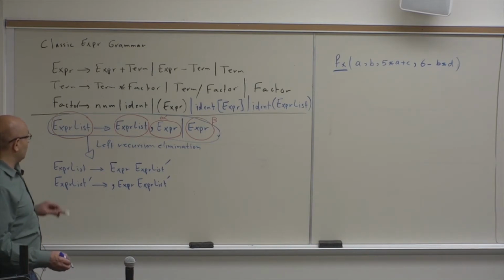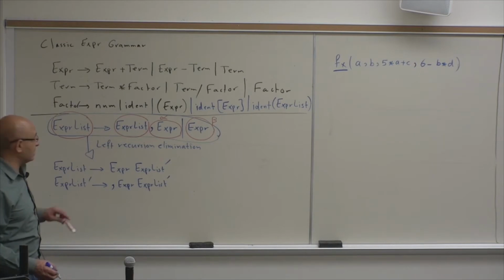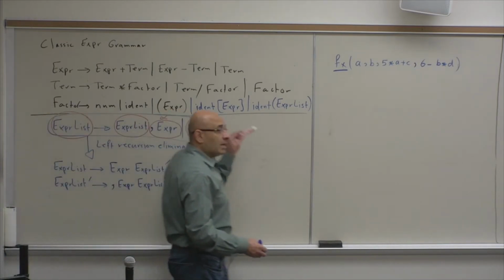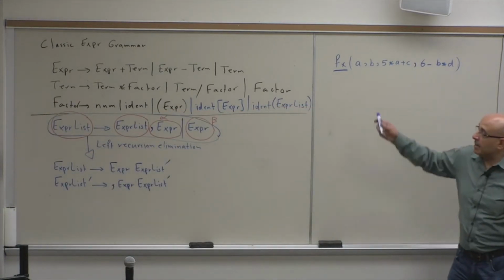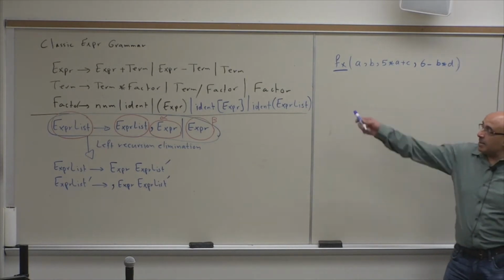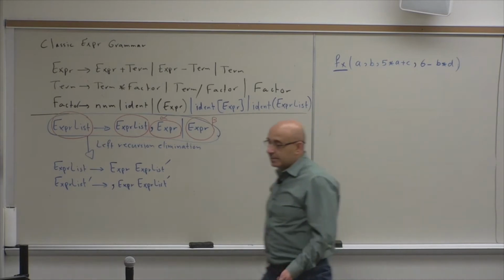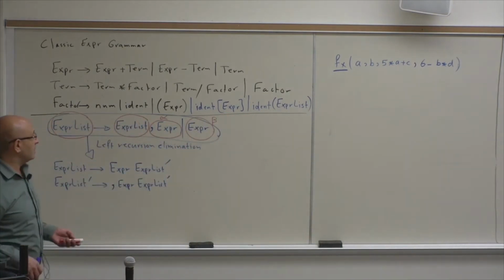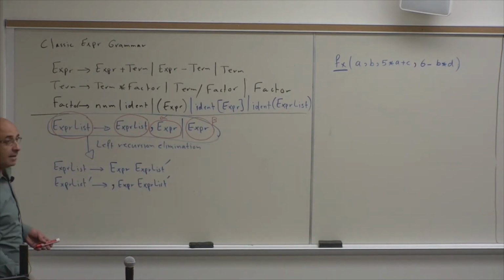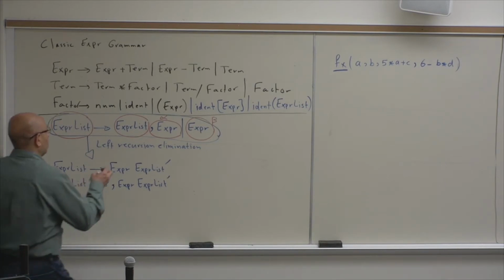So now we eliminated left recursion, but in fact this is not the point. Here we have a serious problem in this grammar. Is this grammar LL1? It clearly is not LL1. Why not? Yeah, clearly the identifier is a common factor.